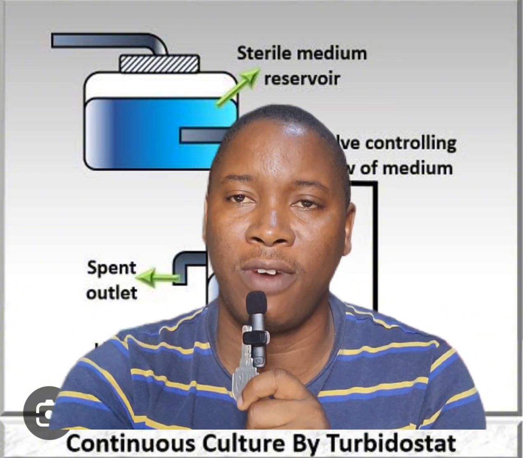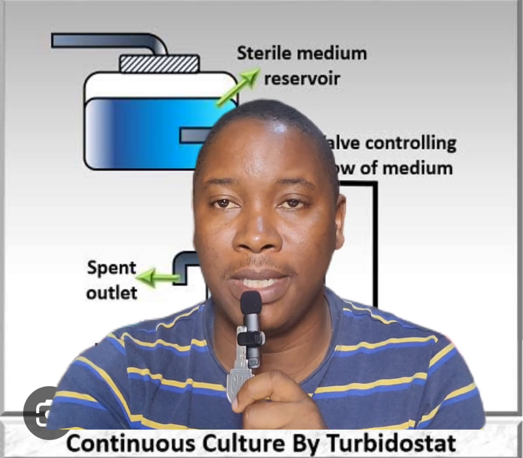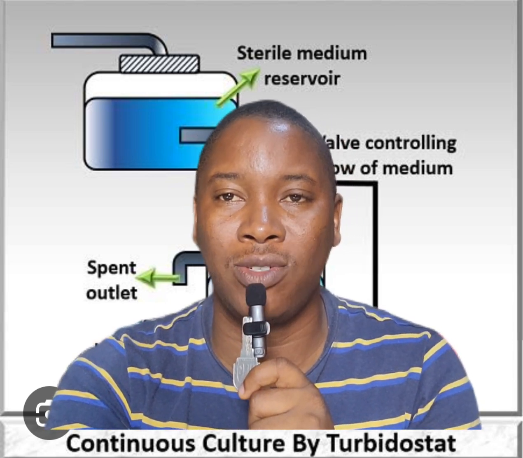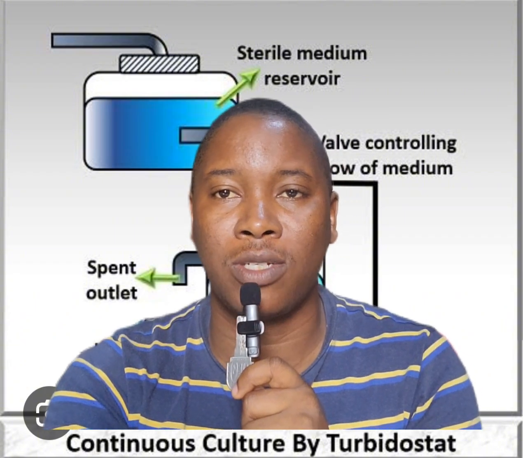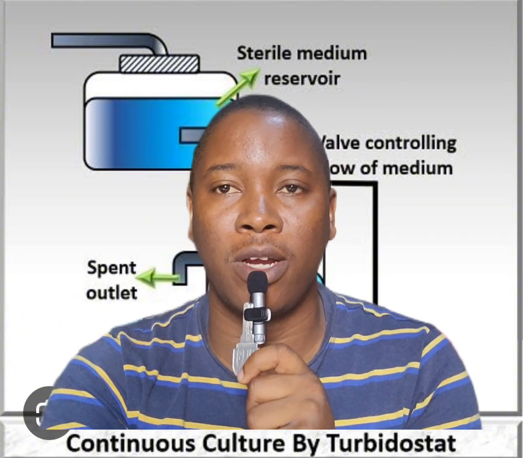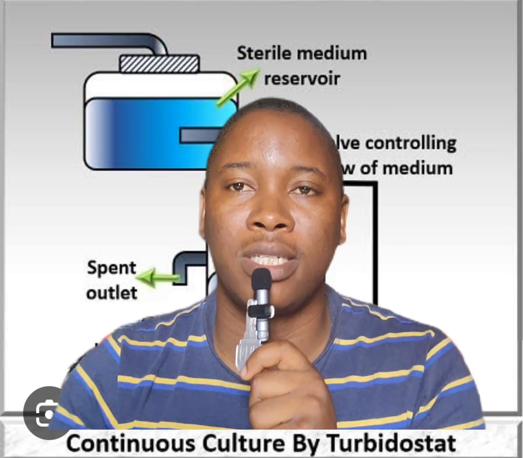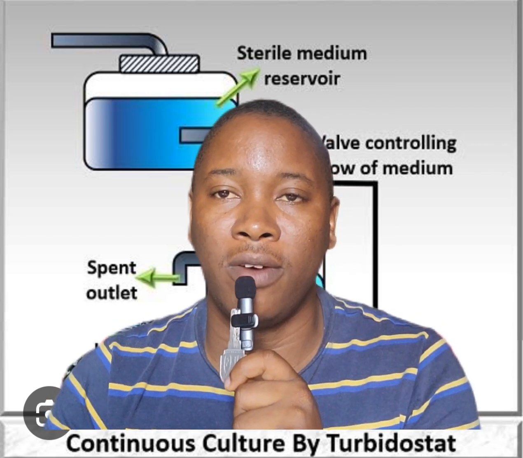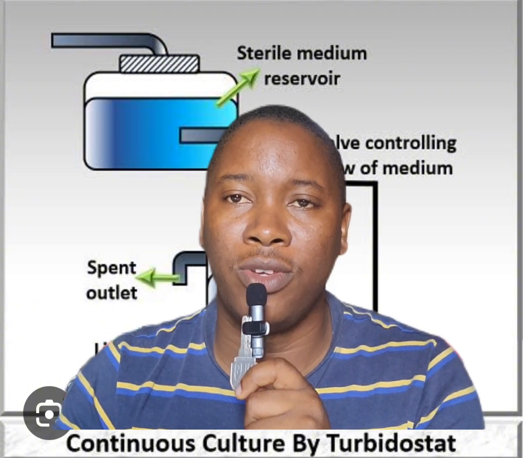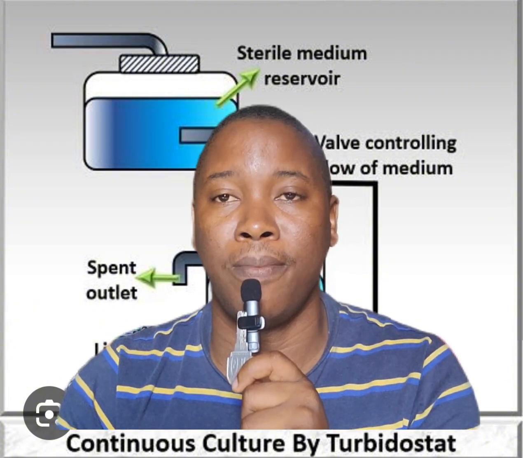A particular nutrient, for example nitrogen, can be limiting in the sense that the growth of many of these microorganisms is tied to the presence of this particular nutrient. And so, in order to control the growth of these microorganisms, you can control the concentration of this nutrient. So, this is done while using a chemostat, and this is really important to note.